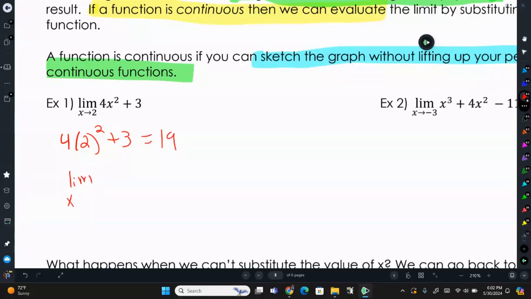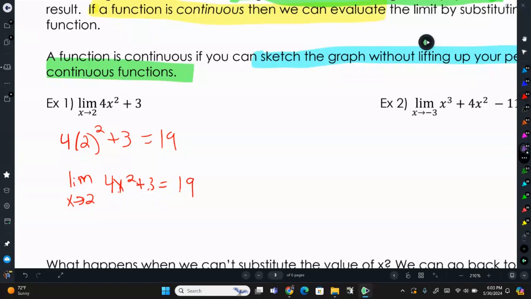So the limit as x approaches 2 of 4x squared plus 3 is equal to 19. And we could confirm that graphically too, just to make sure, but sometimes you're asked to do these limits without the aid of a graphing calculator, so using direct substitution would be the best method for those.